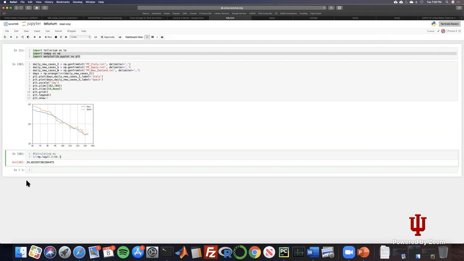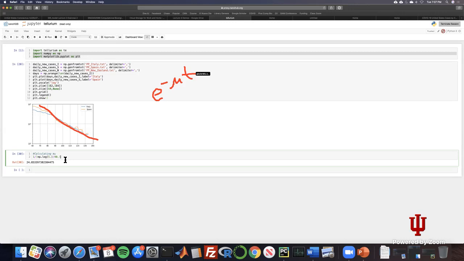So what we want to do here is find out what this slope is. Remember that slope is on a log scale. Once we get that slope, the number of infections goes like e to the minus mu times t.